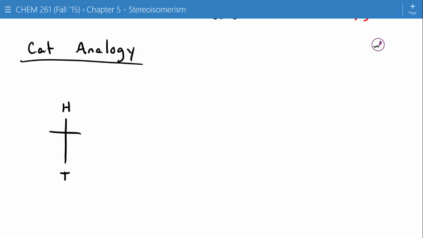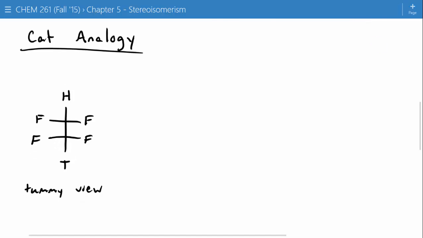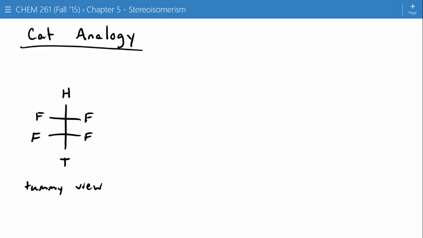And then over here, you've got a foot, a foot, a foot, a foot. This is the tummy view of the cat. If you're a cat laying on your back, you've got your paws sticking straight up, your head back, and your tail back. It's kind of the same as a Fischer projection. So the horizontal lines are coming towards you just like a tummy view on a cat. It's super cheesy, but I like his cat analogies. I have like 4 cats on occasion, so I'm not super weird, I promise.